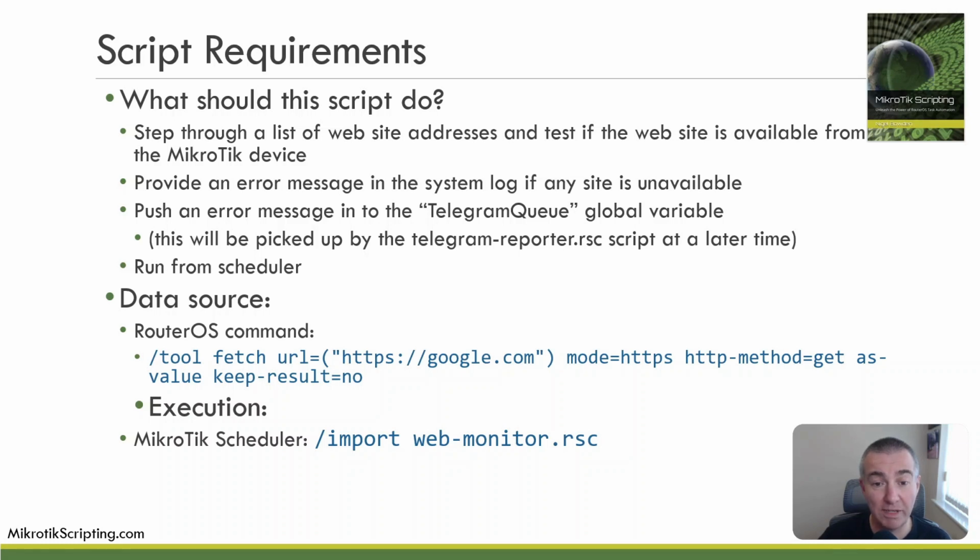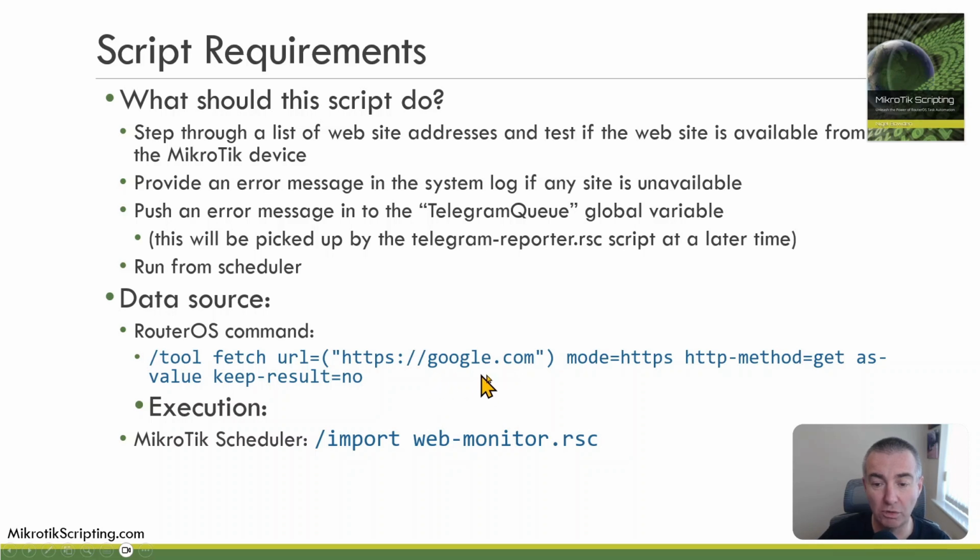This one will be run from the scheduler as well, but in terms of where we get the data from, in this instance we're using another RouterOS command. We're using the /tool fetch command, which will pull a particular URL which we specify in the on-screen example.